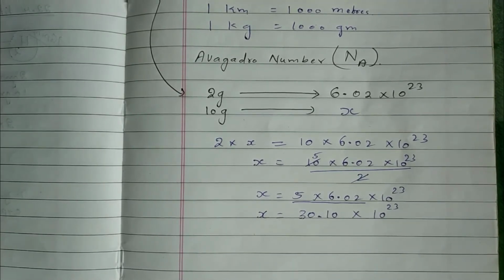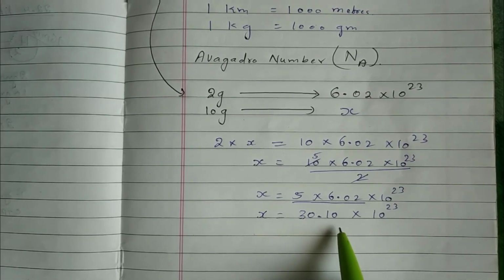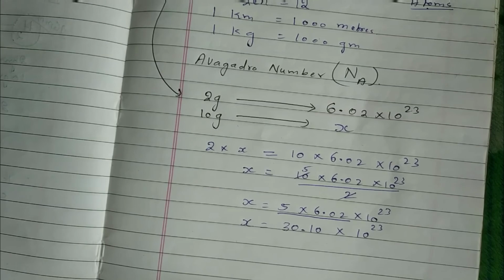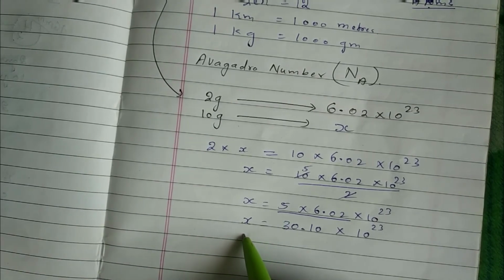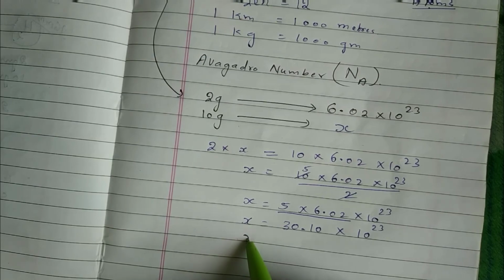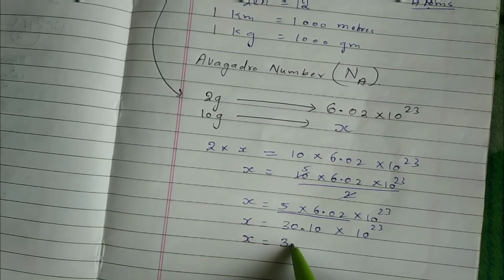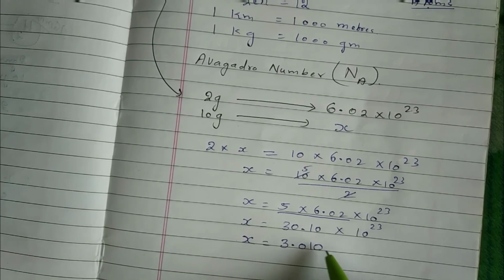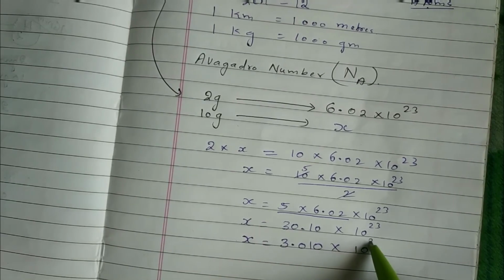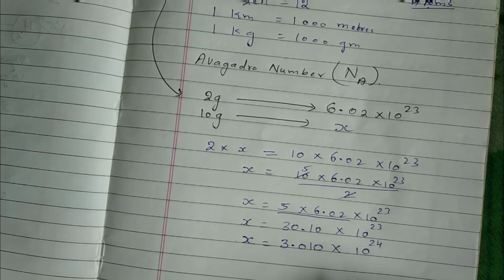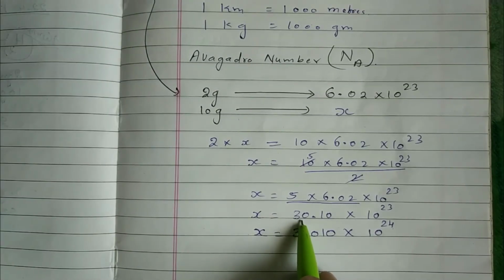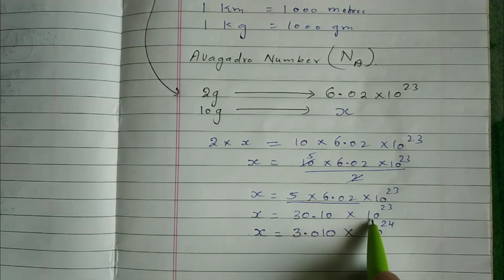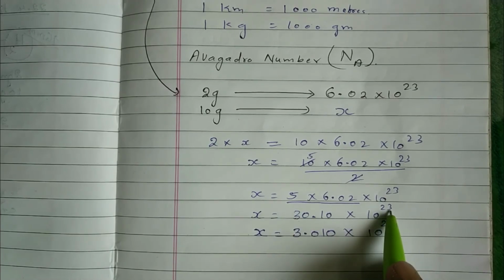In physics we don't write 30.10 something like that, but instead we will be writing x is equal to 3.010 into 10 to the power of 24. So remember here what I am doing, simply I have written 30.10 into 10 to the power of 23.